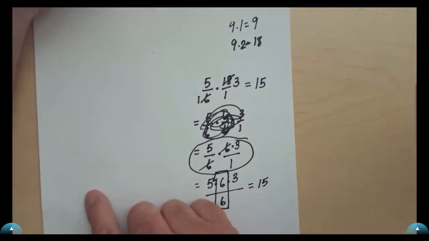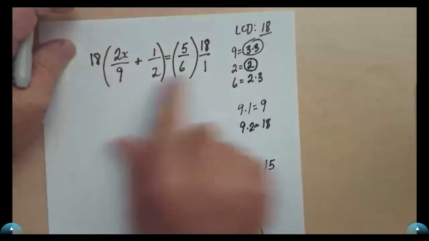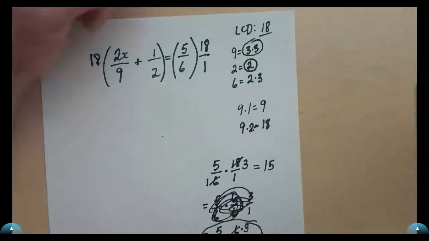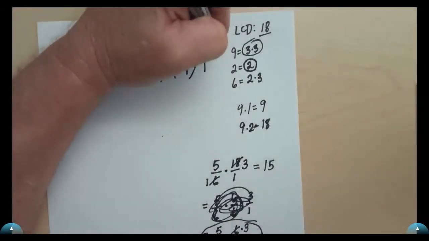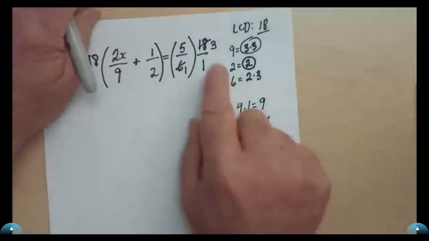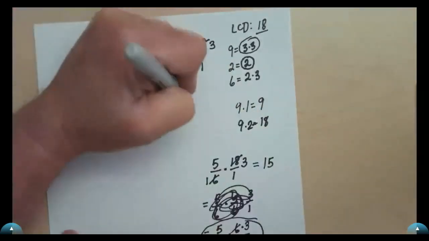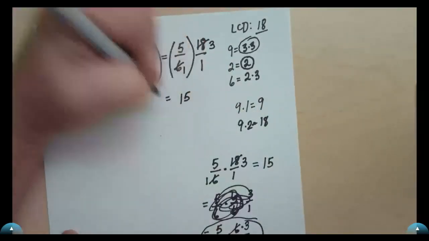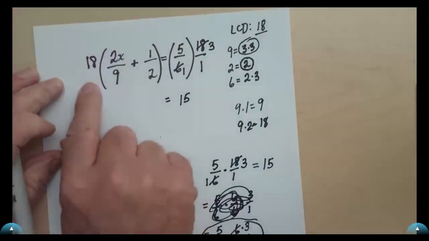So let's do that. Up here on the right-hand side, when I multiply both sides of this equation times the LCD, 6 goes into 6 one time, 6 goes into 18 3 times, and that's just 3 times 5, which is 15. We're going to do the same thing on the left-hand side, but here's what I want y'all to notice.